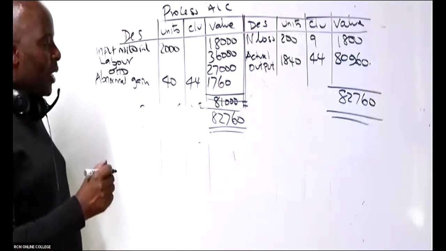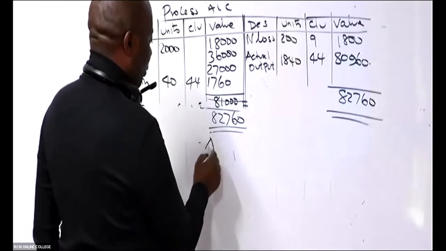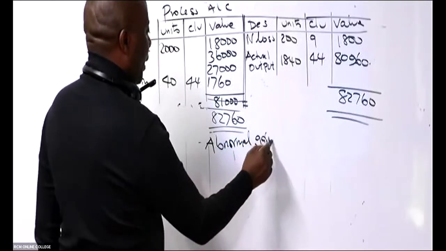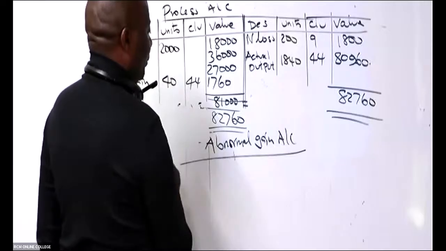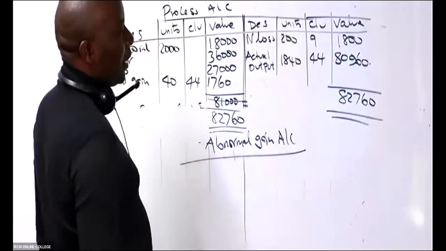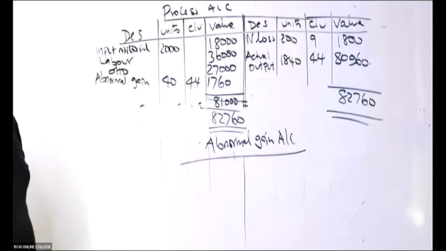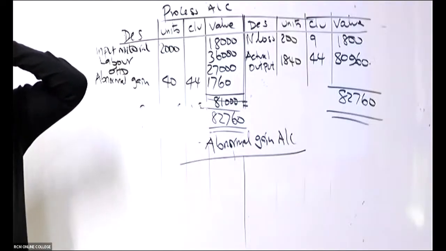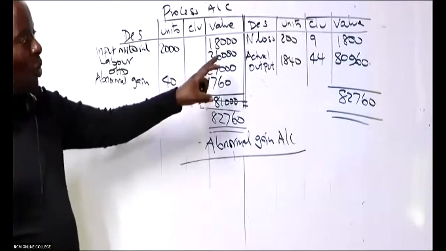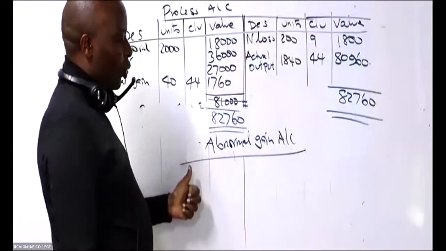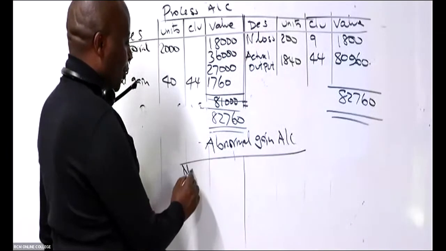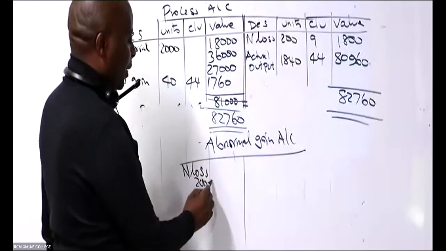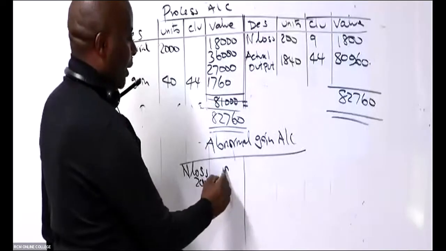So from there, you go ahead and do an abnormal gain account. This shall be a gain. Don't forget that always the normal loss has to be transferred to these gains and losses, always. Start with normal loss, which is credited here, so here shall be debited. So normal loss is 200 at 9, giving us 1,800.